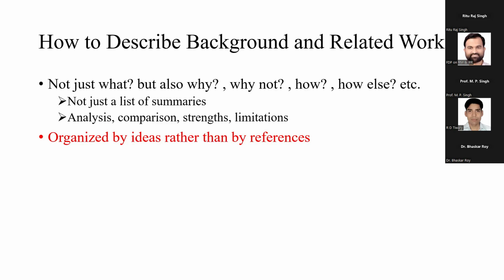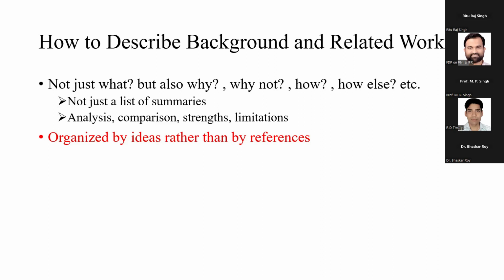As I was telling you, take one example, the routing protocol, or in machine learning you have different types of learning, and you are here to work on, let's say, supervised learning. In supervised learning, you might have 100 different works.